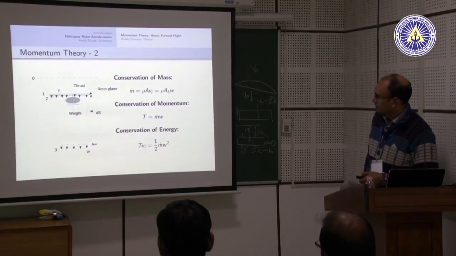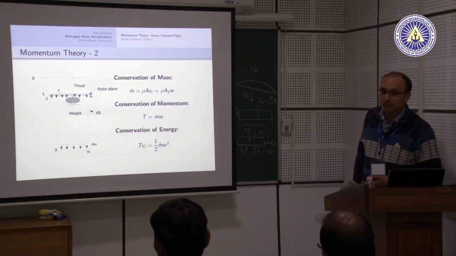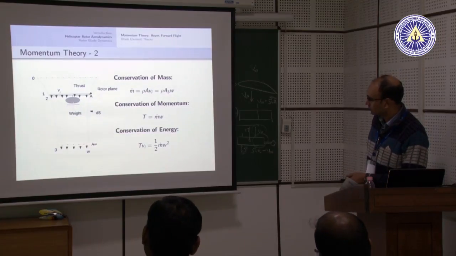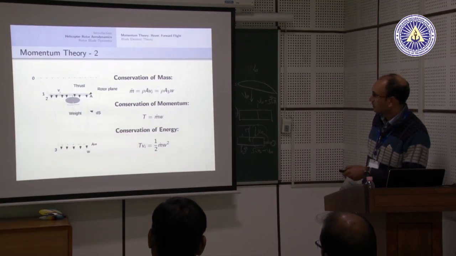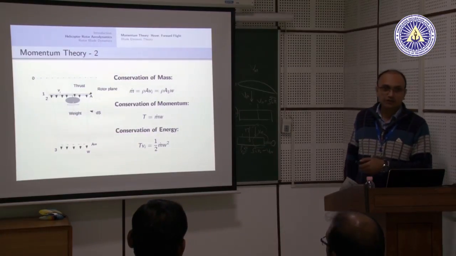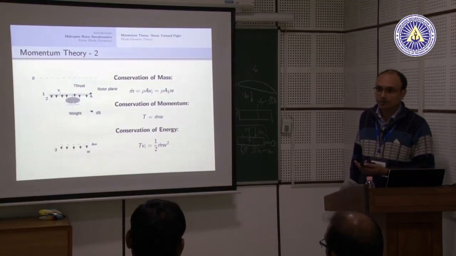Conservation of momentum. So, what is the momentum that is leaving the system and what is the momentum which is entering the system? My control system starts from 0, this whole control volume. Again this point 0 is taken far upstream where the velocity of air is close to 0.